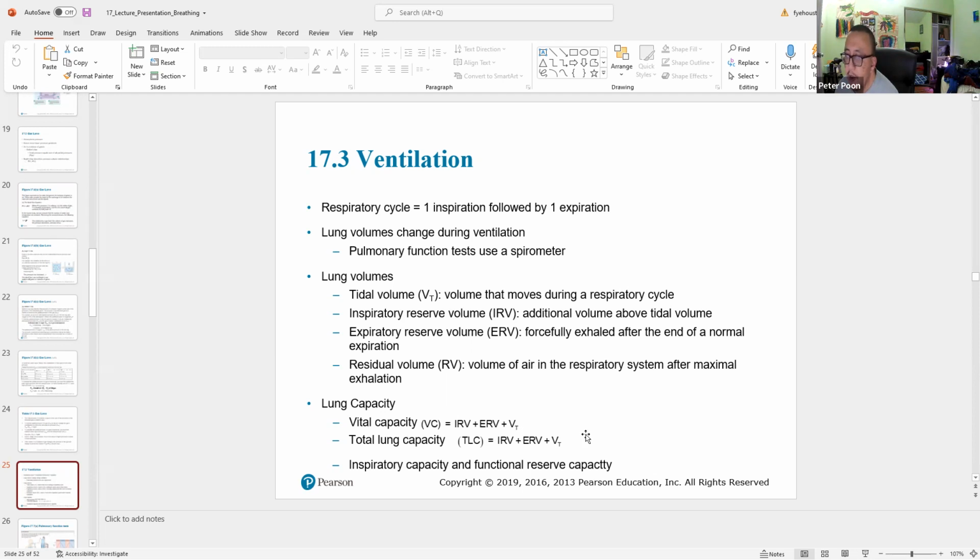The total lung capacity, there is a typo here, and there should be plus the residual volume. So make sure you get that in your notes as well.